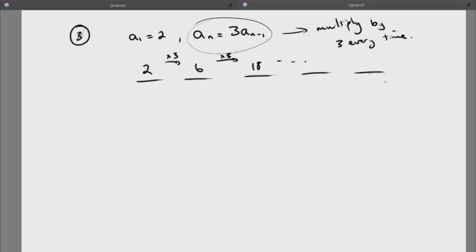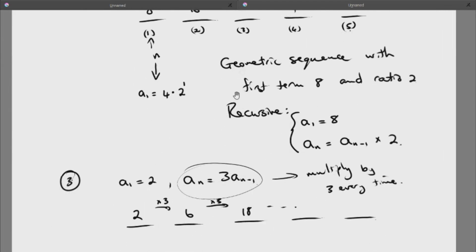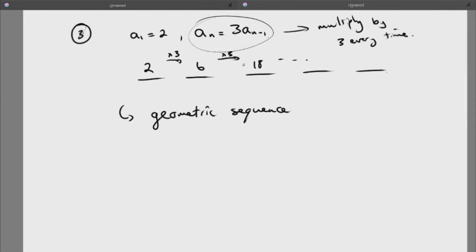But you're welcome to fill in the rest of the sequence if you want to. So this is a geometric sequence. It was a little less obvious when the explicit formula was given, but the recursive formula is essentially instructions for what to do, and those instructions match exactly what the geometric sequence instructions would be.